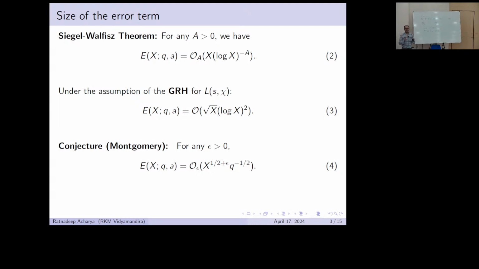So roughly it is of size x by (log x times φ(q)). Once I fix q, the q factor is not a problem.